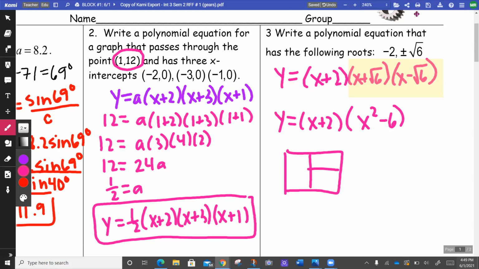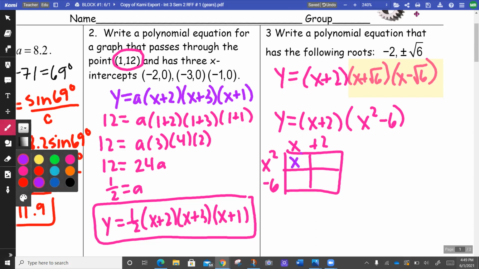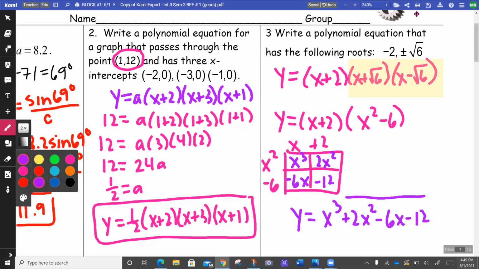So let me do a box here. X plus 2, x squared minus 6. That's going to be an x to the third, 2x squared, negative 6x, negative 12. So my equation is going to be y equal x to the third plus 2x squared minus 6x minus 12.